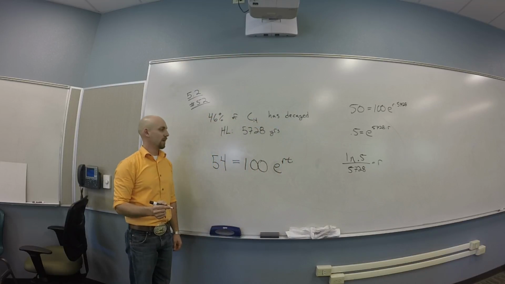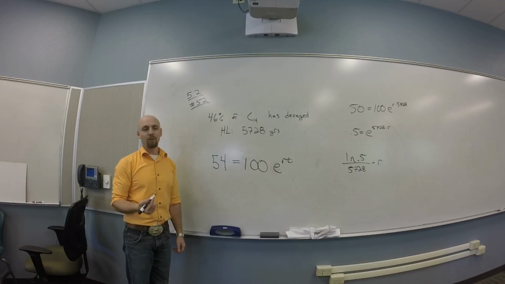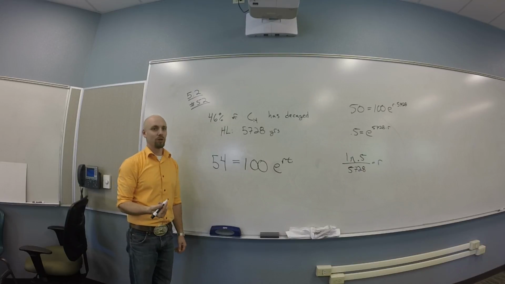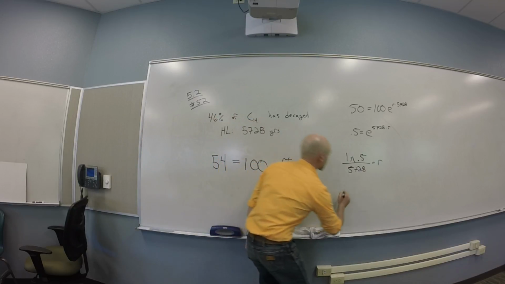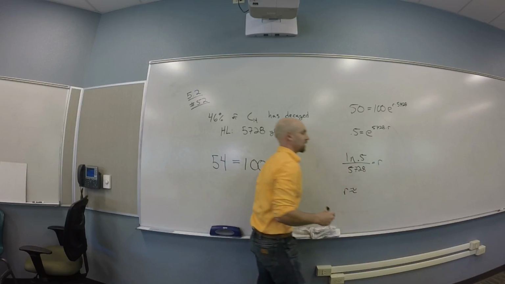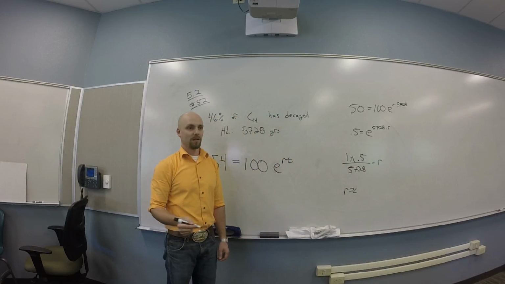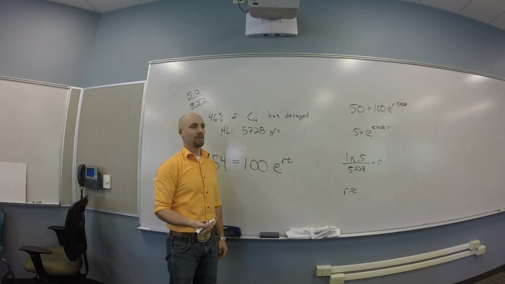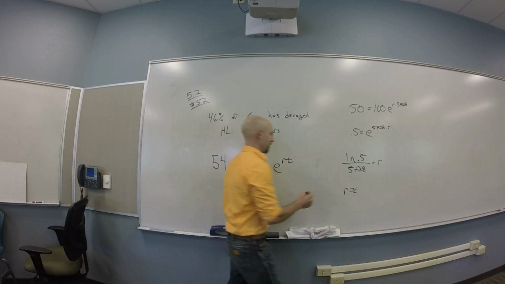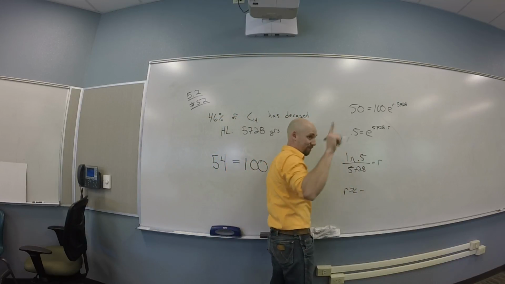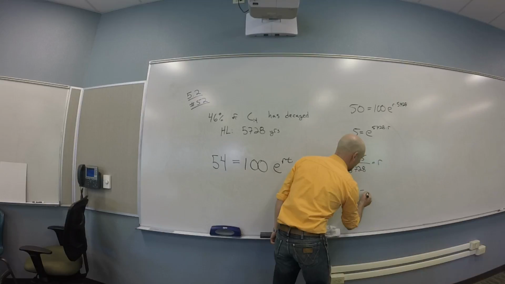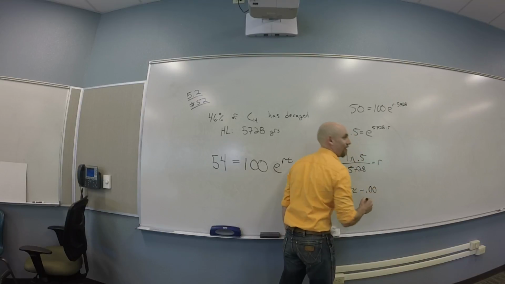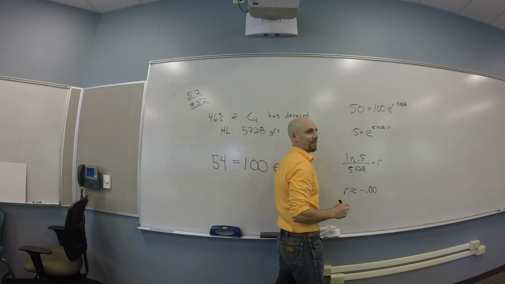And then what do you do with that? Yeah, we may as well approximate because we're doing chemistry, right? So R is approximately, somebody give me a number for that? Yeah, it's pretty small. So I'm going to go with negative 0.00725.